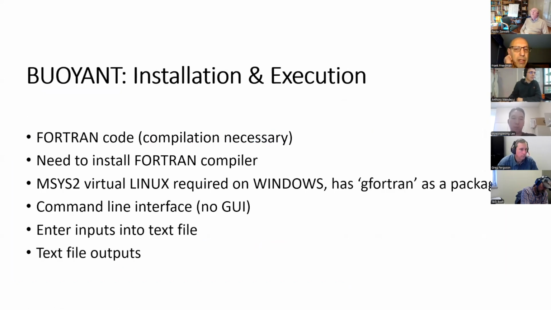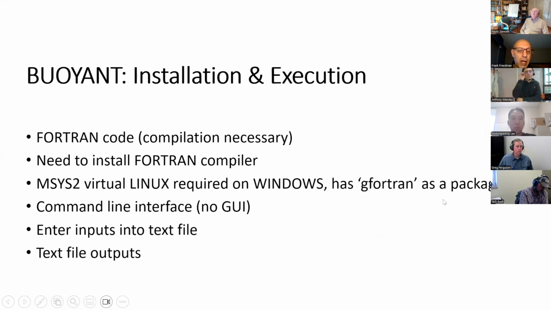A few notes on the installation and execution of Buoyant. This is a Fortran code, so you need to compile it into a binary executable, which means the user would need to install a Fortran compiler. What I did was install a Linux virtual environment on a Windows machine, MSys virtual Linux, which has gfortran as a package you can install.